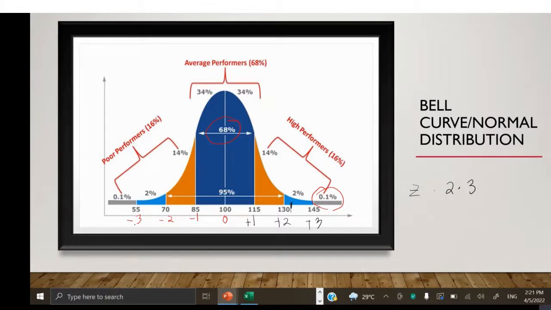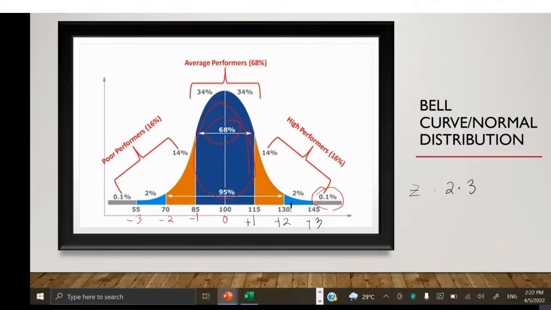So there are only very few people who are really intellectually challenged. They are here. So most of the people belong to this group. So this is supposed to be the normal curve.